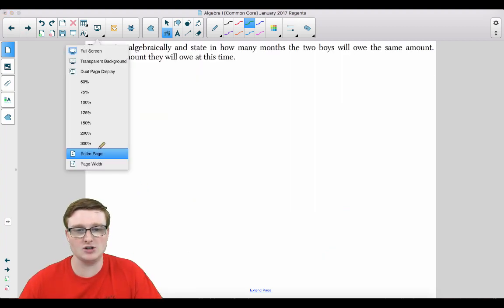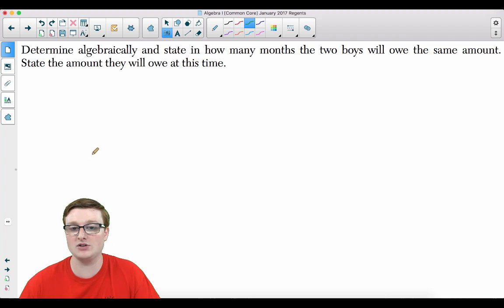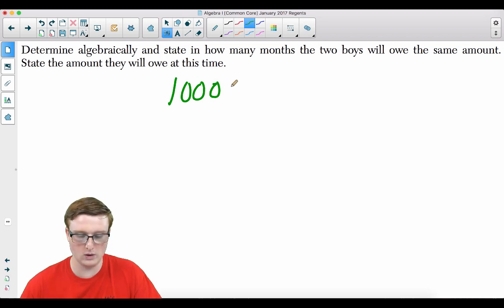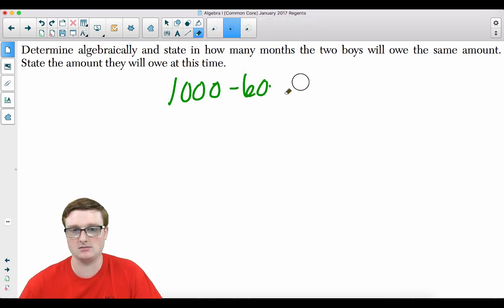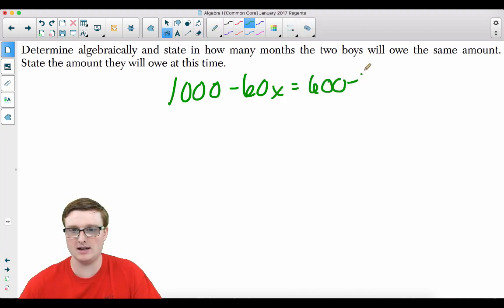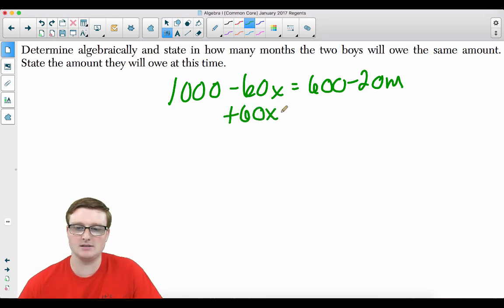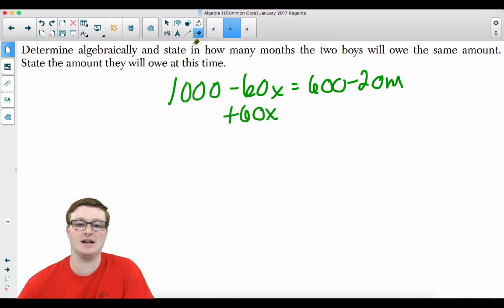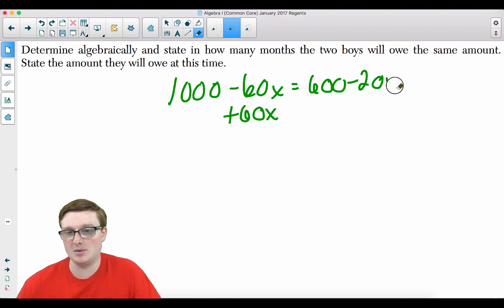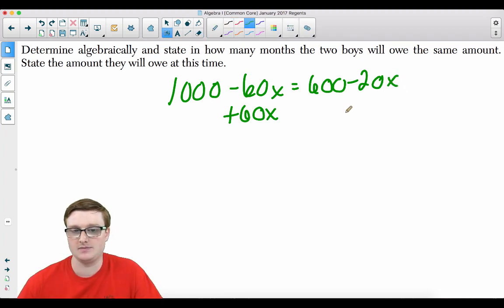Then it says determine algebraically and state in how many months the two boys will owe the same amount. State the amount they will owe at this time. So basically we need to solve for the amount of months. So 1,000 minus 60x is going to be 600 minus 20x. So I'm going to add the 60x.